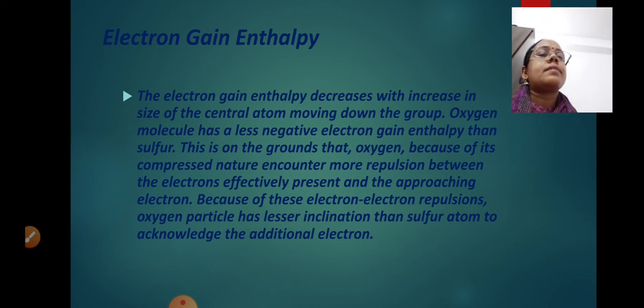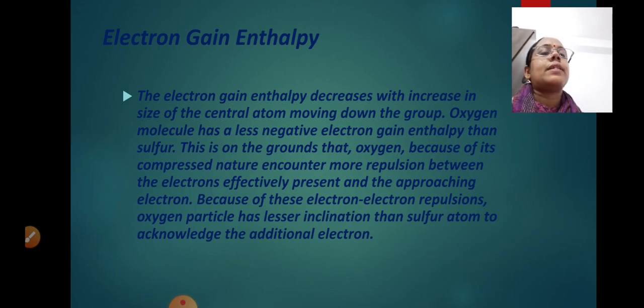Two reasons are there. The first is the atomic size, and the second is the atomic number. If the size is bigger, then the electron gain enthalpy will decrease, and if the size is smaller, the electron gain enthalpy will increase. And second is the atomic number. If the atomic number is higher, the electron gain enthalpy will decrease, and if the atomic number is low, it changes in the same way.